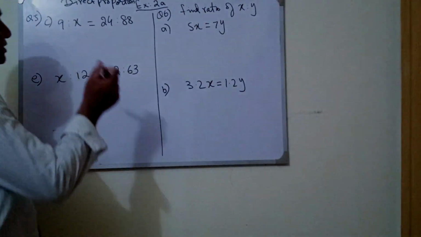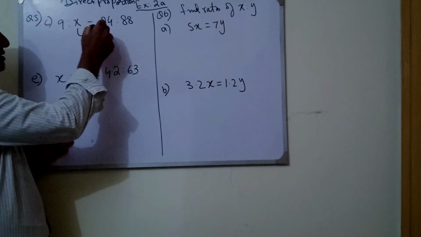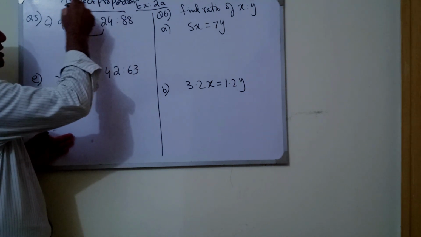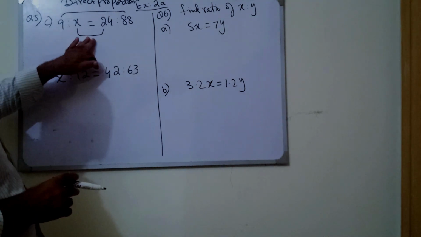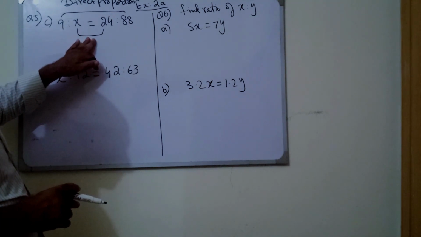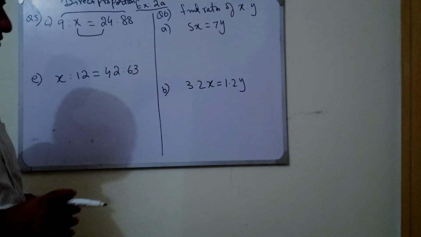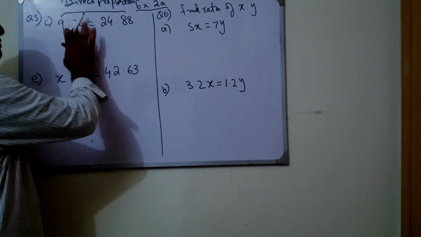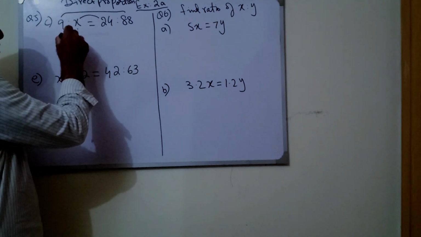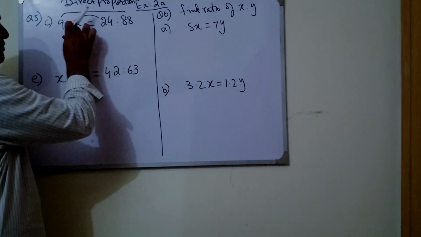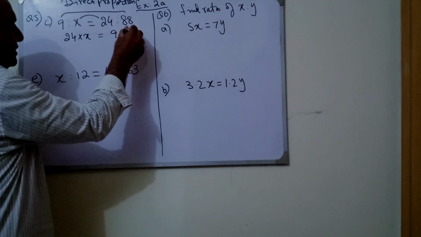Now, here you can see that this is x over 24 equals 9 over 88. These two, x and 24, are the means. 9 and 88 are extremes. Now what we'll do, we write it as 24 into x is equal to 9 into 88.